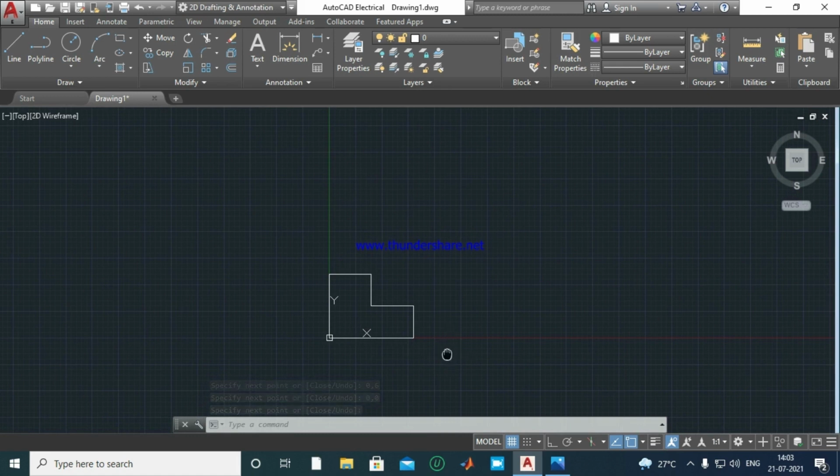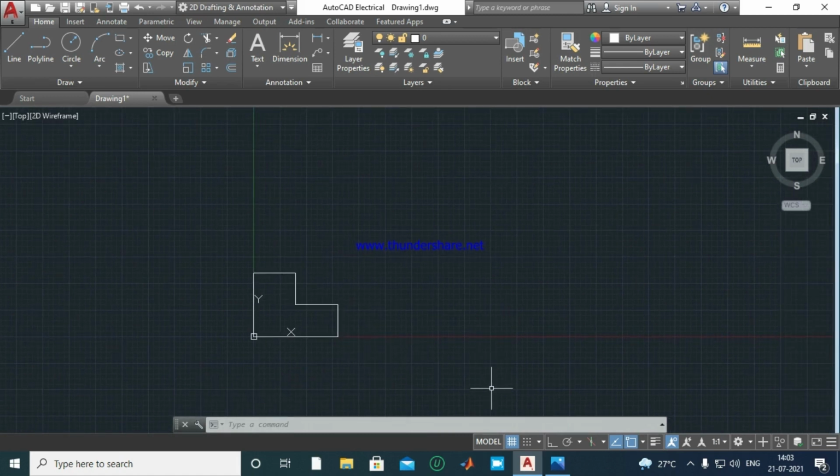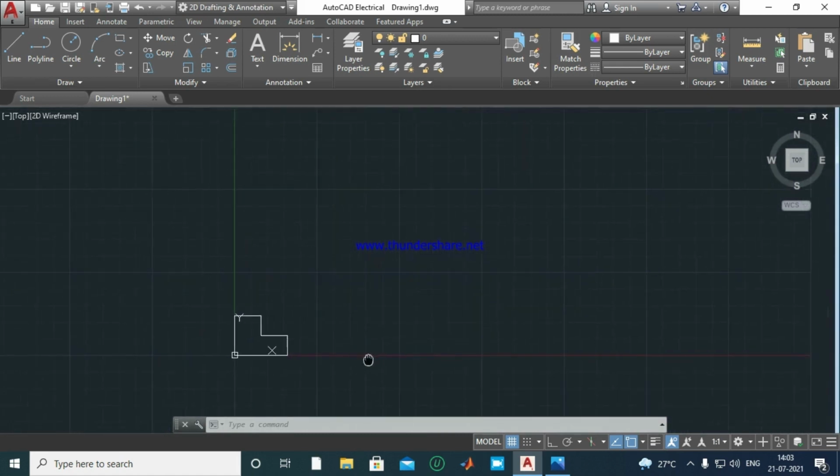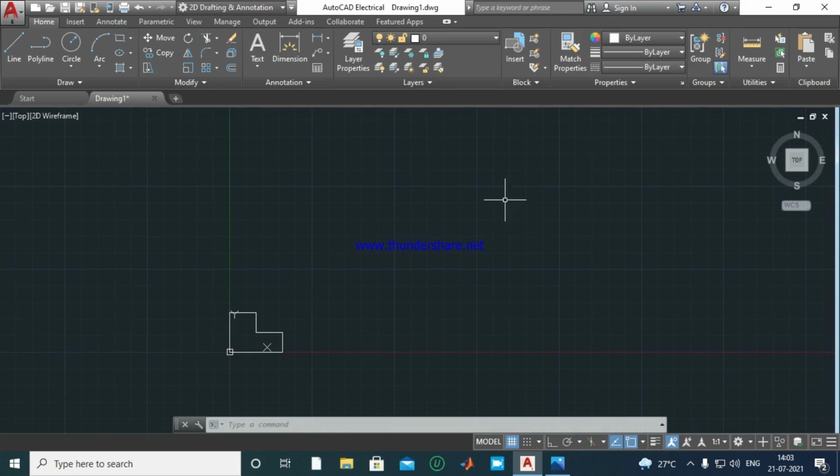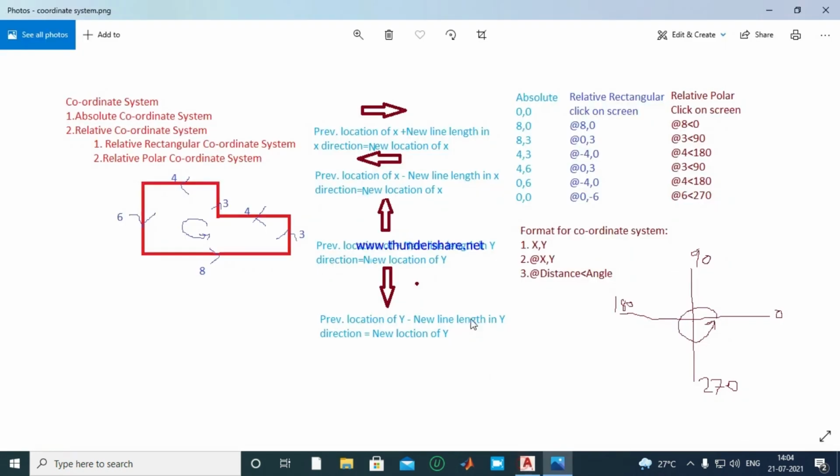Okay. Now if you want to draw the same object somewhere here and you don't know the location, that means you don't know the coordinates of this location, and you want to draw the same object, then you can make use of the second type, that is relative rectangular coordinate system.